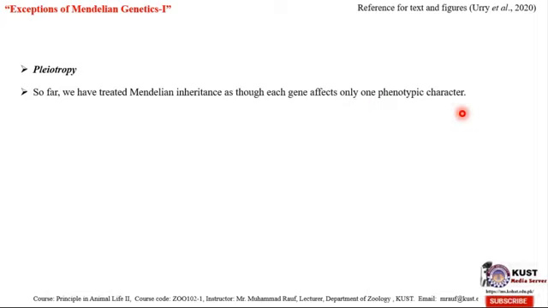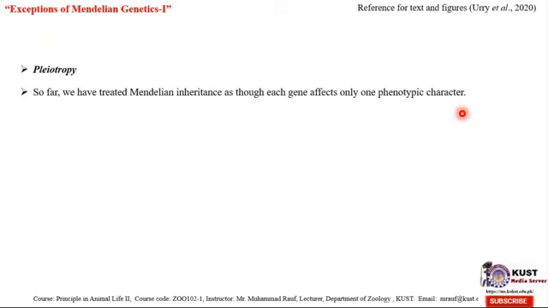If you go back to Mendelian genetics, each gene controlled only one character. Some genes controlled height, some controlled seed shape, some controlled seed color, some controlled flower color, some controlled the position of the flower, but one gene was unable to control more than one character.